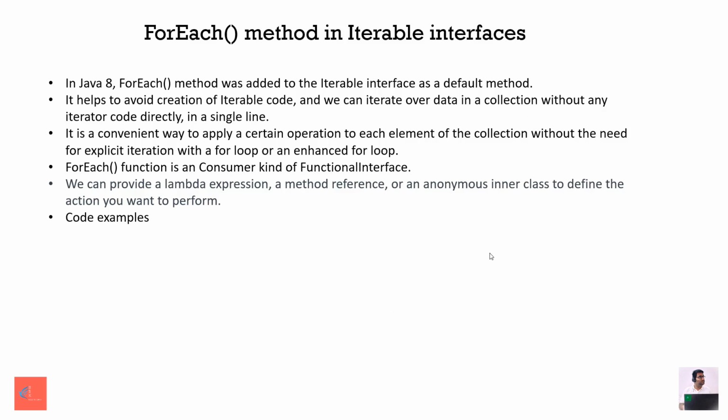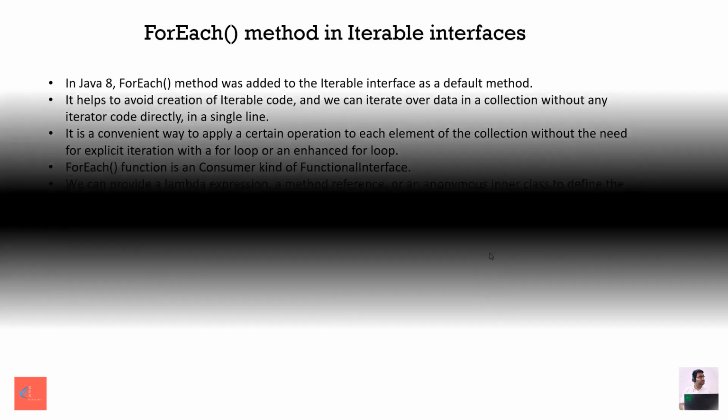It is a convenient way to apply a certain operation to each element of the collection without the need for explicit iteration. The forEach function is a Consumer kind of interface. So it takes something but doesn't return anything. We can provide a lambda expression, a method reference, or an anonymous inner class to define the action you want to perform.